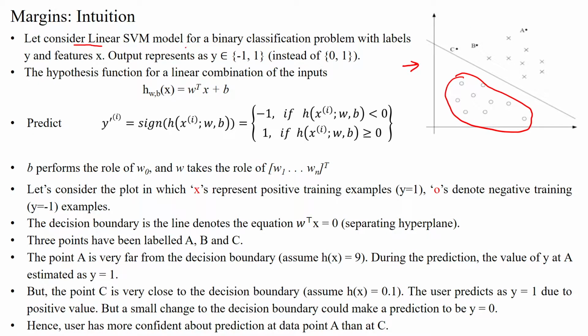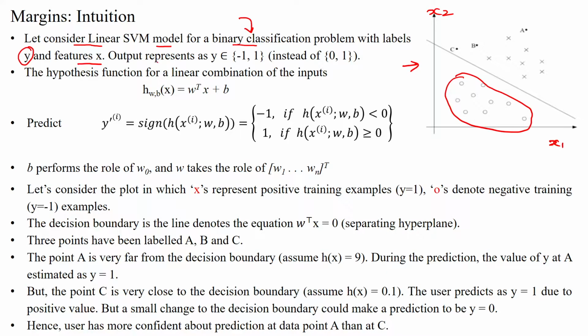Now we are applying the linear SVM model to make this data into two classes, which is called binary classification with labels. Here the data point label is denoted with y and the features are denoted with capital X, or x1 x2, because we have two features here, x1 and x2.